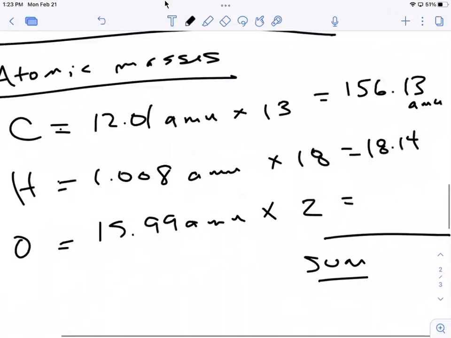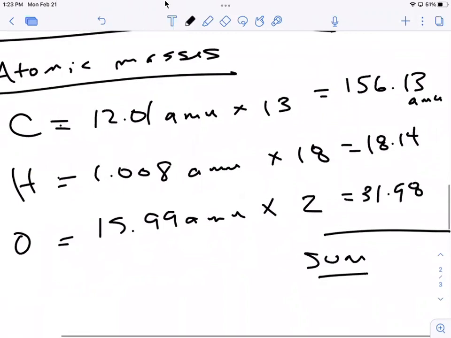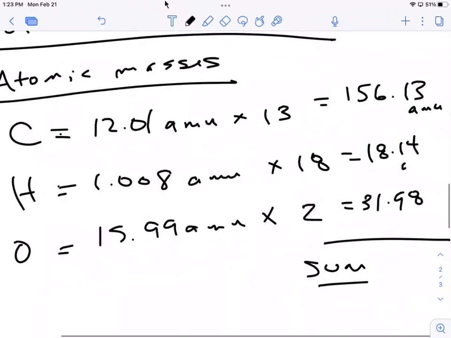And then anybody got the oxygen one yet? 31.98. 31.98. And this is all in AMU as the unit.